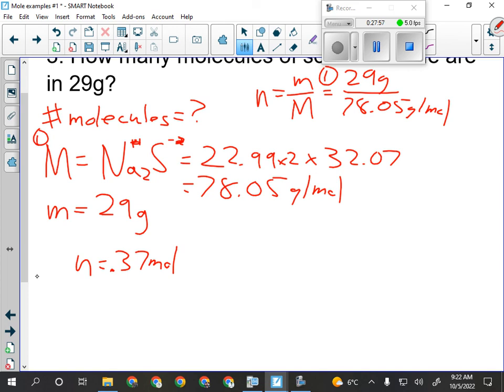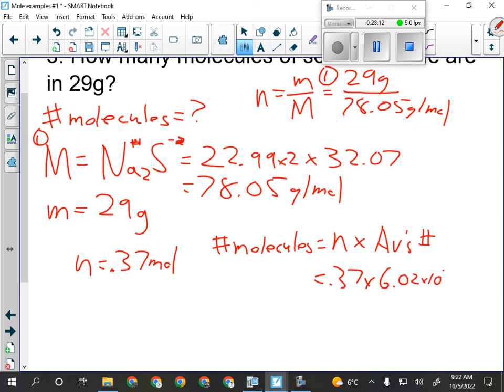So I should take this number and multiply by Avogadro's number. The number of molecules equals N times Avogadro's number, which in this case will be 0.37 times 6.02 times 10 to the 23.